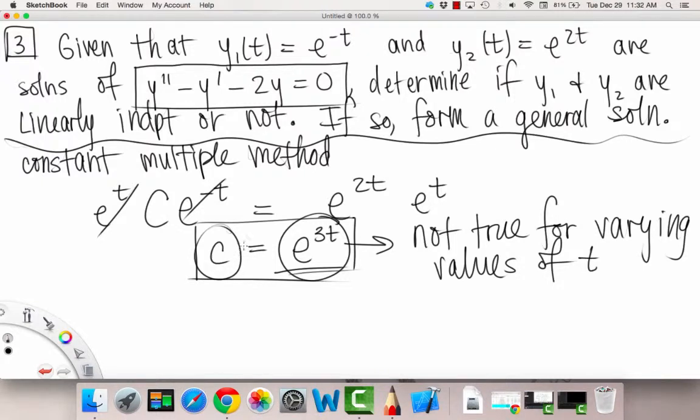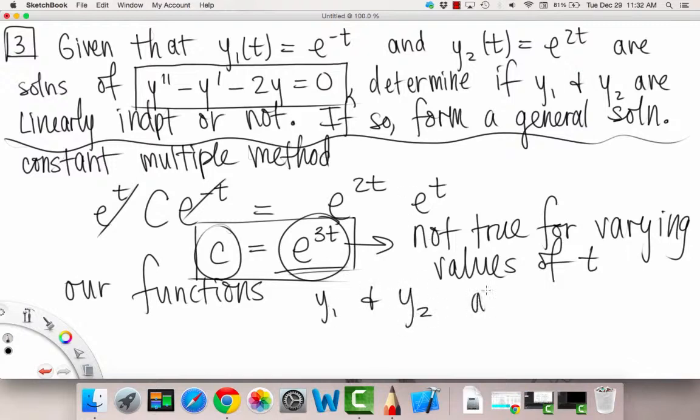So this means that our functions, y sub 1 and y sub 2, are not constant multiples of each other, meaning that you can't just multiply by a constant to get the other function.